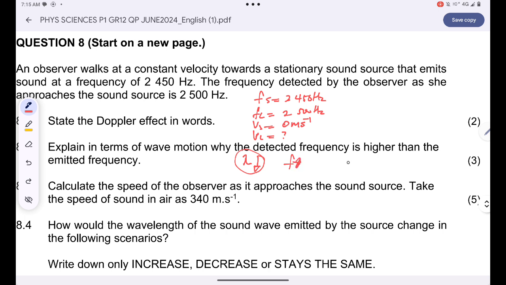Why is that the case? Because frequency is inversely proportional to wavelength. So if our wavelength decreases, that means the frequency detected will be higher.